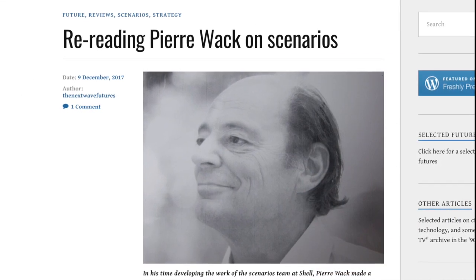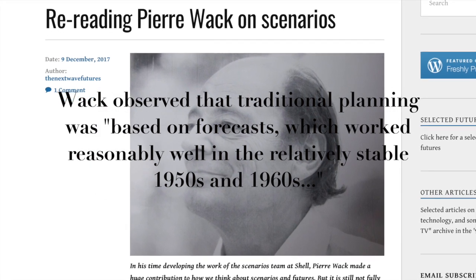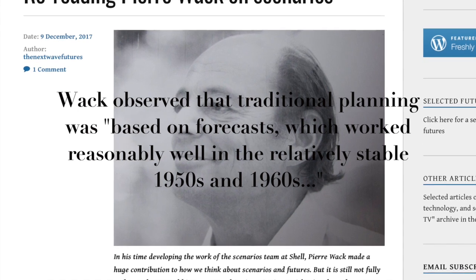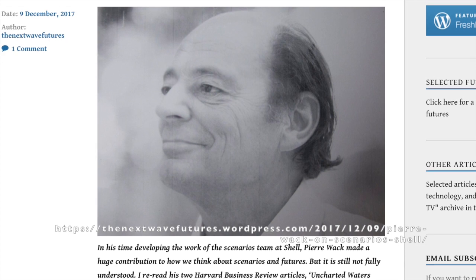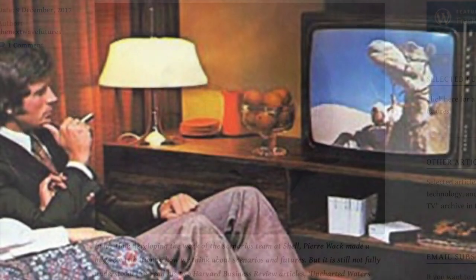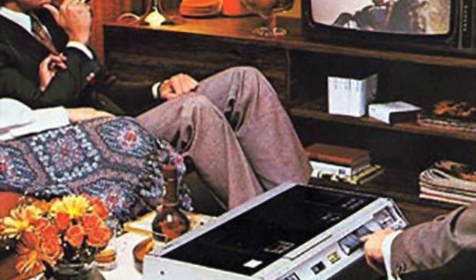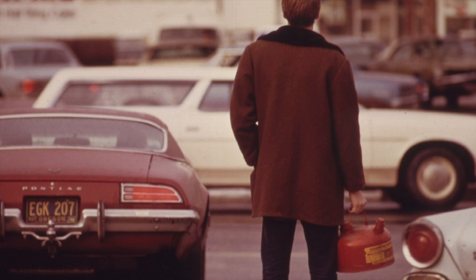In the late 1960s, Wack observed that traditional planning was based upon forecasts, and he said, quote, these worked reasonably well in the relatively stable 1950s and 60s for oil companies and other related industries, end quote. Yet the increasing globalization and technological boom of the 1970s and onward made previously stable systems anything but predictable.